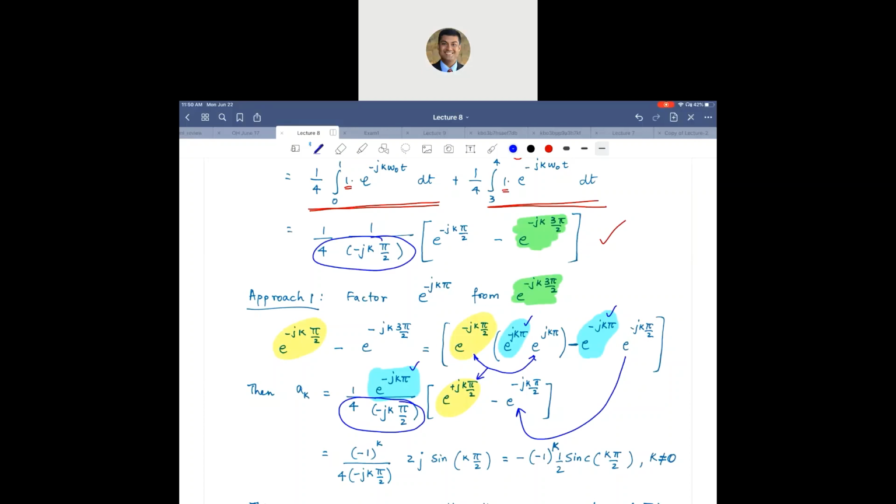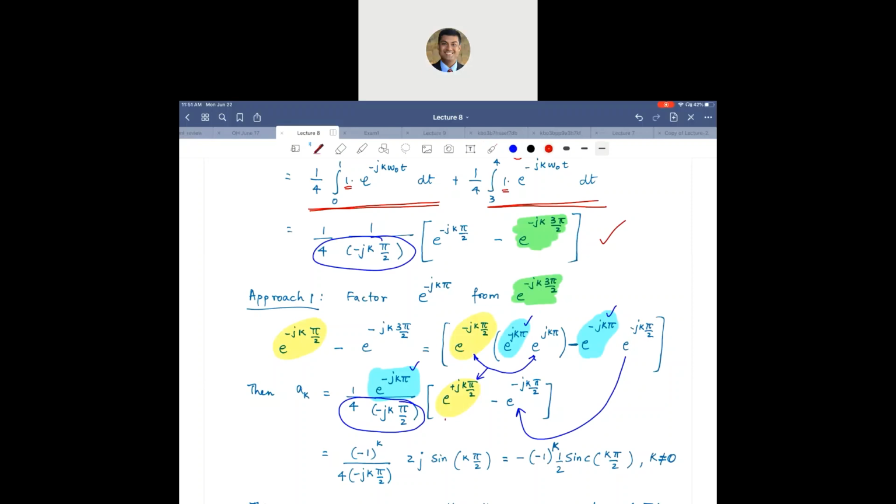All of this so that it comes into a form where you can use Euler's identity. e to the plus jx minus e to the minus jx, I think I can write that as 2j sine x. So if you have 2j sine x for this, let me write that down in red.